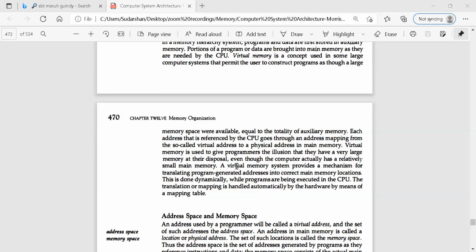And most important point, the size of the program and data is greater than the size of the available memory, which gives an advantage to the end user. You need not bother about your primary memory capacity. You need not worry whether my program will fit into my system or not. Whatever be your program size, the operating system is always there. With the help of the OS, it will divide your program into pages.